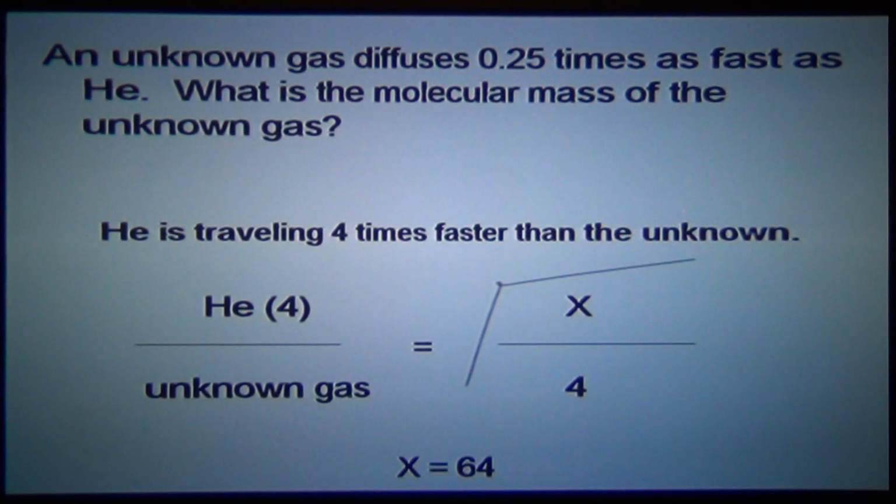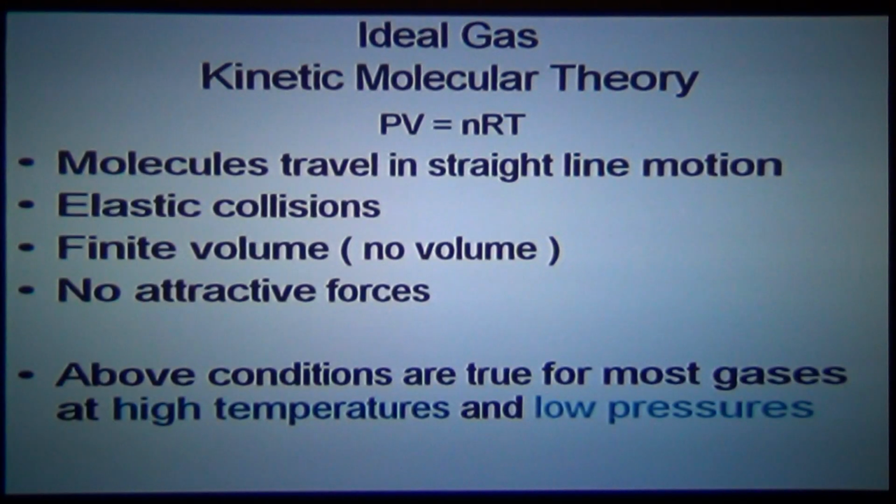Now, what happens when you'd like to use the ideal gas law, PV equals nRT, but you don't have the right conditions in order to use it? You may recall from the kinetic molecular theory that molecules travel in a straight line.